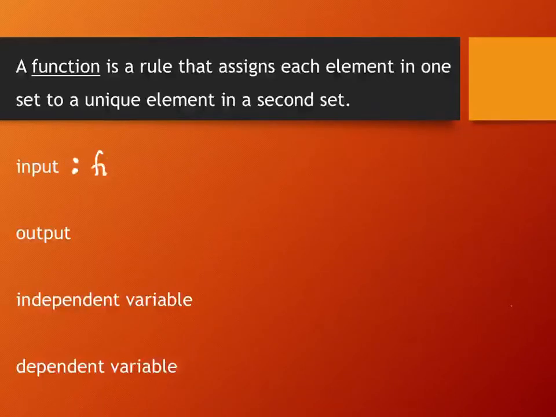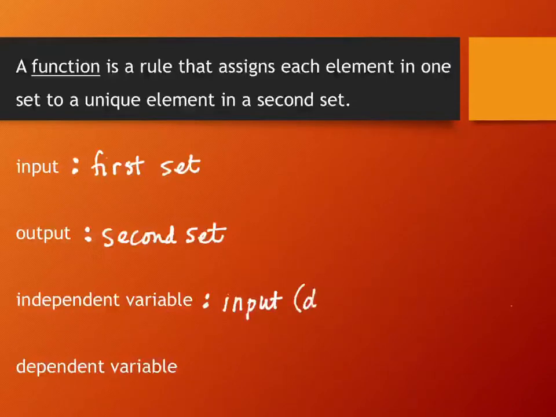The input is your first set. The output is the second set. And then when you see independent and dependent variables, they correspond to the input and the output as well. So the independent variable is the input.